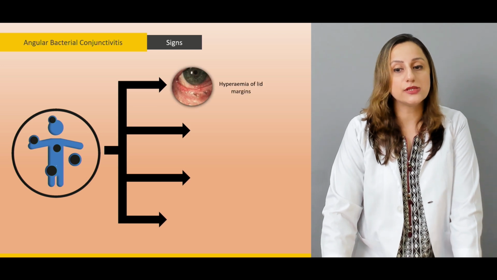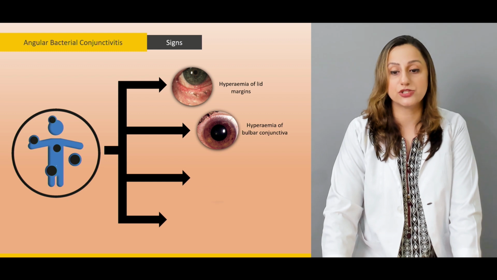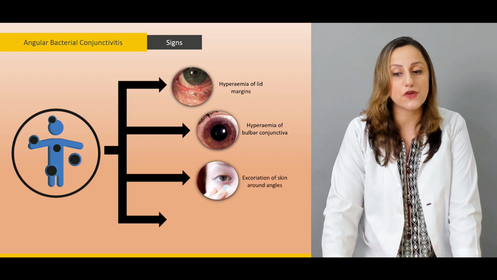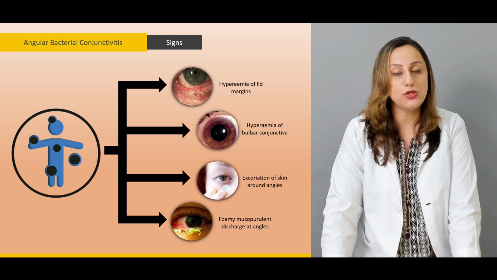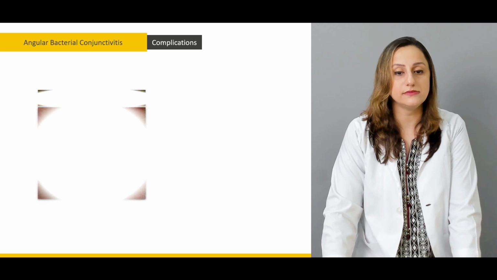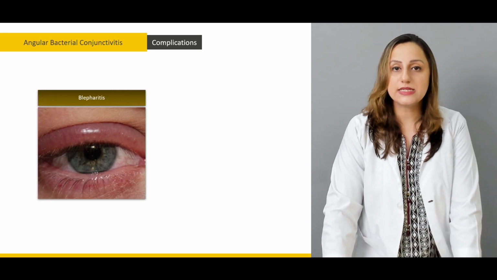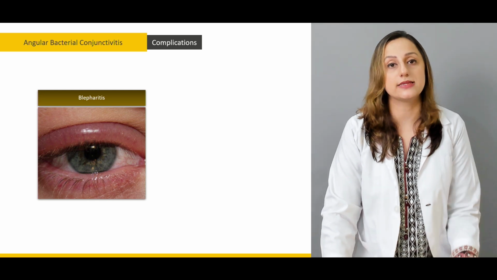The signs would include hyperemia of the lid margin, hyperemia of the bulbar conjunctiva, excoriation of the skin around the angles, and finally foamy mucopurulent discharge at the angles. If it is left untreated, what are the typical complications that can arise in this patient?